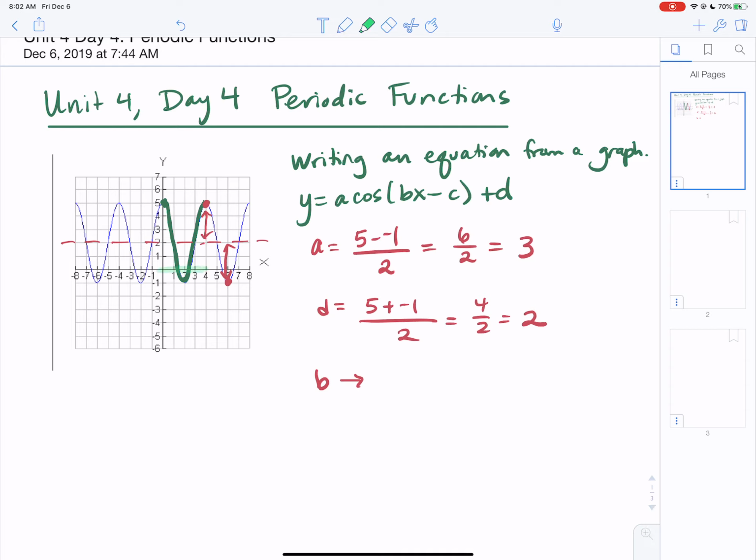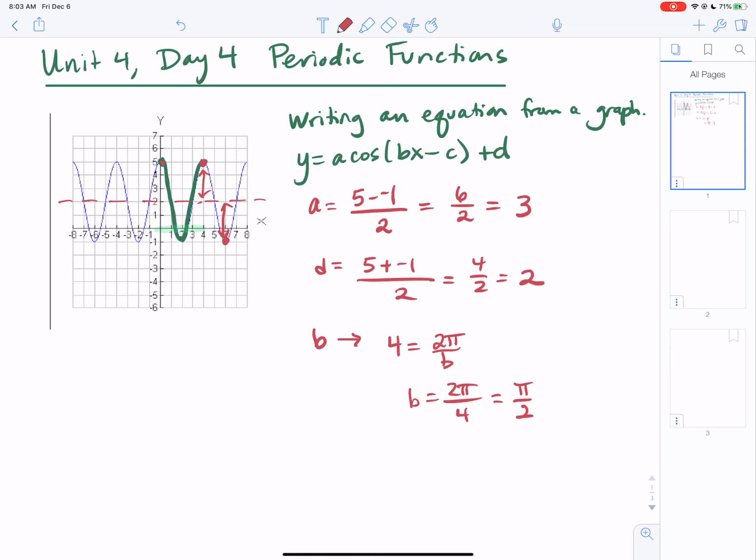So then if we solve that, we get that b equals 2 pi divided by 4, and so b is pi over 2. Now, in terms of shifting left or right, since we are crossing the y-axis at the top of the hill, right here, that means that there is no phase shift, because that is mimicking the mother function for cosine.